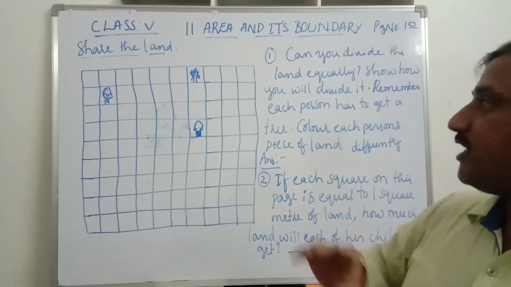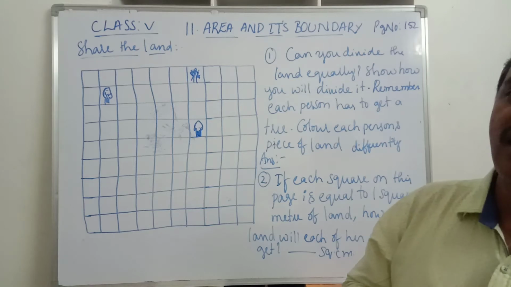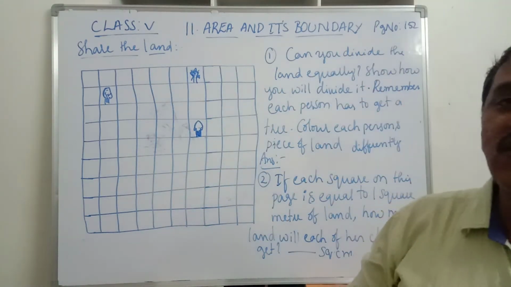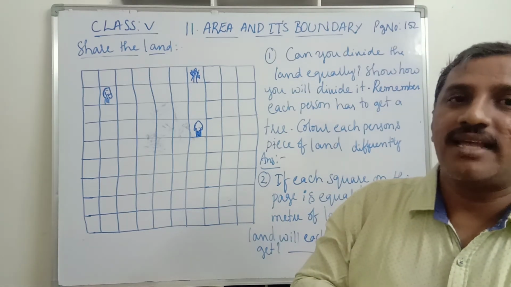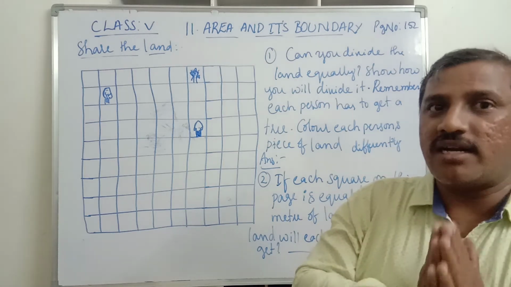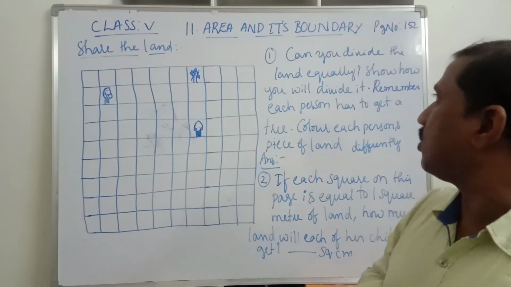She wants to divide this land equally among the 3 children and see that each one should get 1 tree. See, she is showing social justice, equality among the children. She is representing the right to equality among all the 3 children.